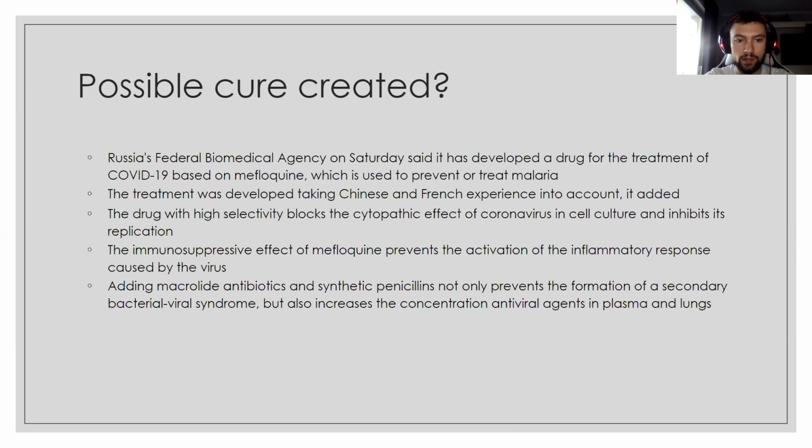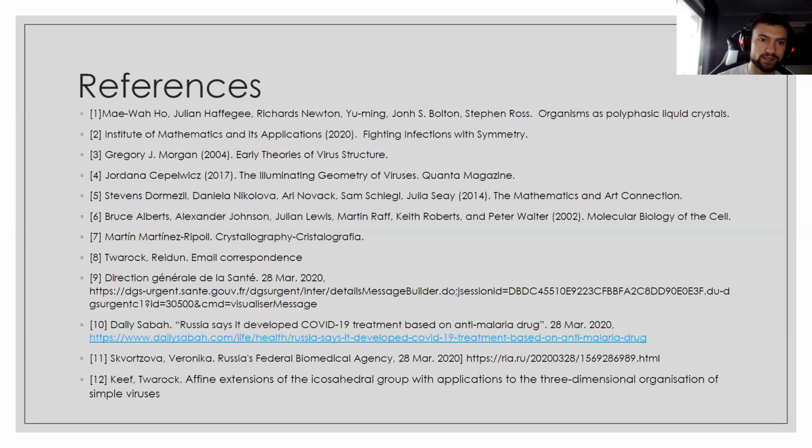The immunosuppressive effect of mefloquine prevents the activation of the inflammatory response caused by the virus. Adding macrolide antibiotics and synthetic penicillins not only prevents the formation of a secondary bacterial viral syndrome, but also increases the concentration of antiviral agents in plasma and lungs.